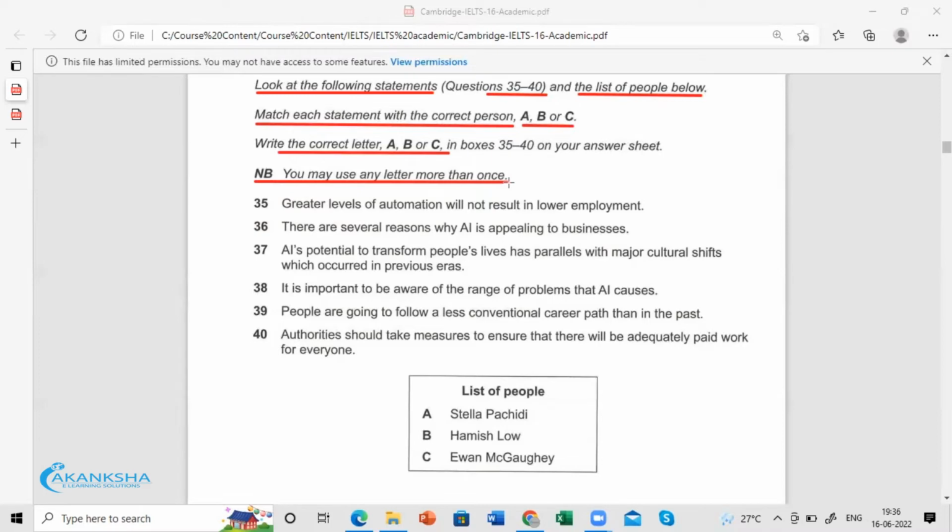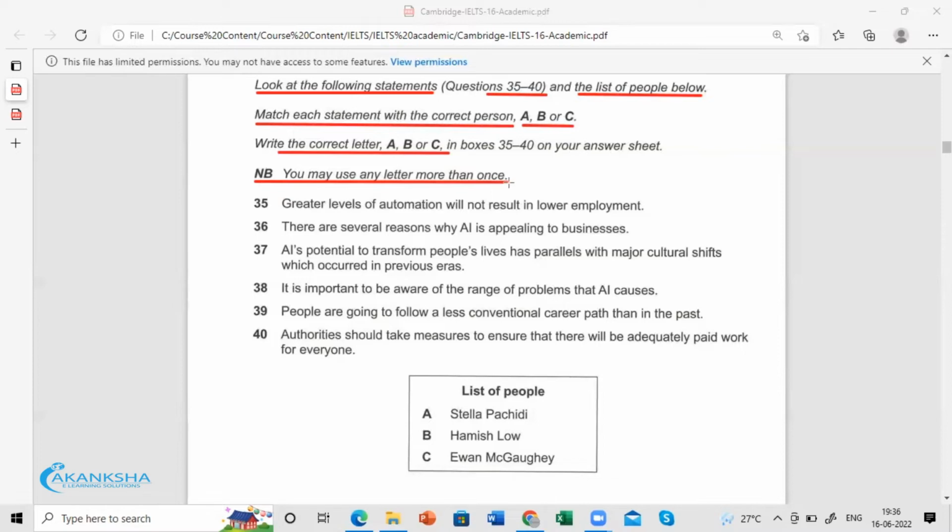The quickest way to get the answers for these kind of questions is first identify where these people are in the paragraph. They may be scattered in different places in the paragraphs, so you may have to see that they are in multiple places.